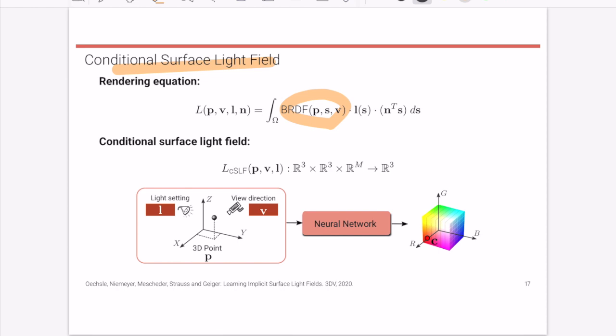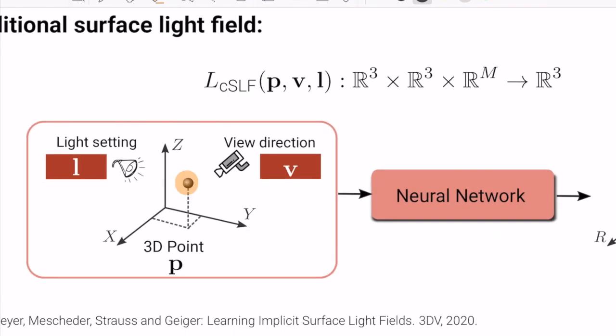So the 3D world was projected to the 2D images. Of course, we have color images, so the color value can be modeled by such a function consisting of BRDF, P, L, V. P was a 3D point, L was a light setting or the direction of the light source, and V was a viewing direction.